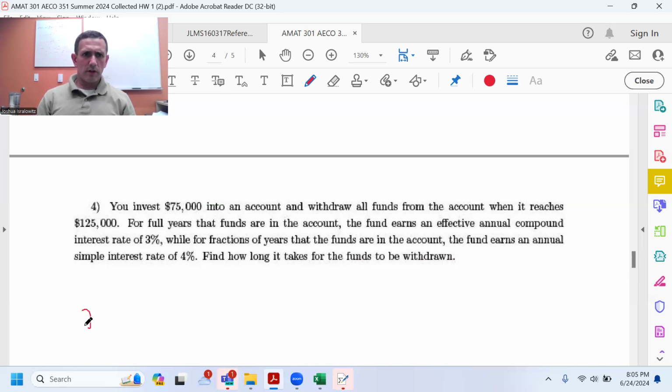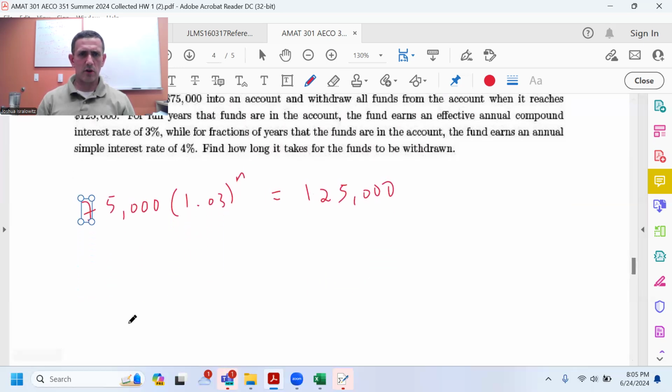So do this like we did in the video, just simply set it up: 75,000 times 1.03 to the n is 125,000. Plop this into your calculator. So, ln both sides, or sorry, divide by 75,000 first, probably the easiest thing to do, and then ln both sides.